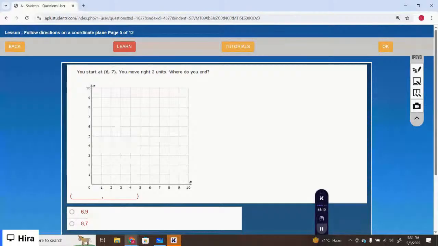You start at (6, 7). You move right 2 units. Where do you end?